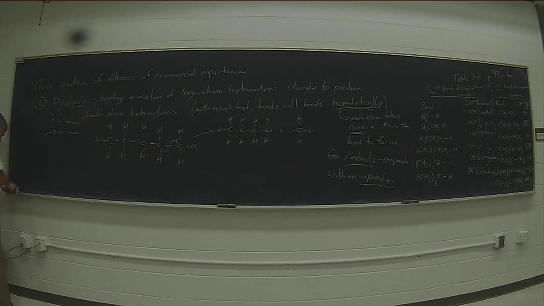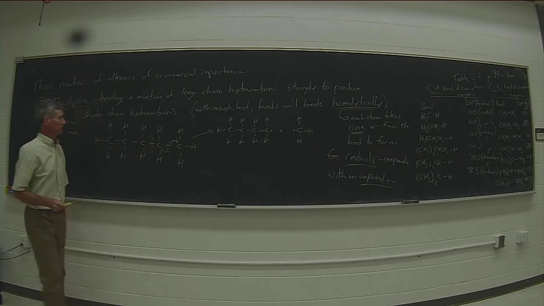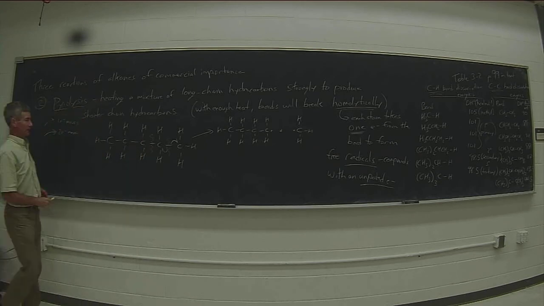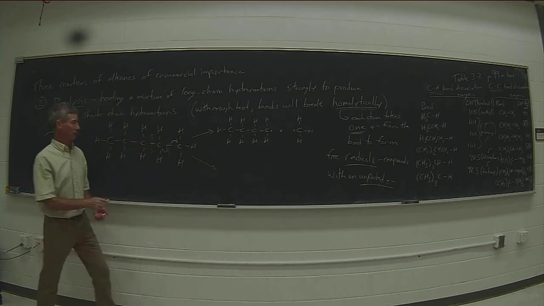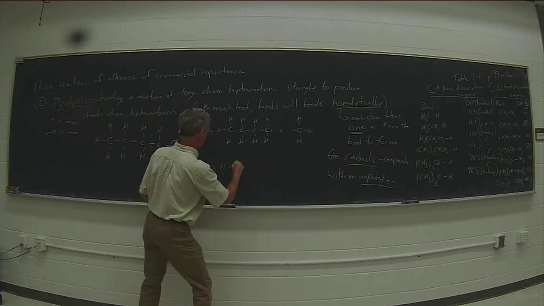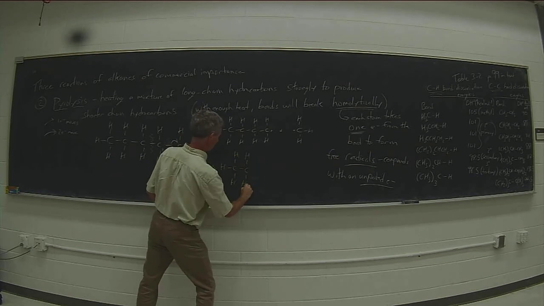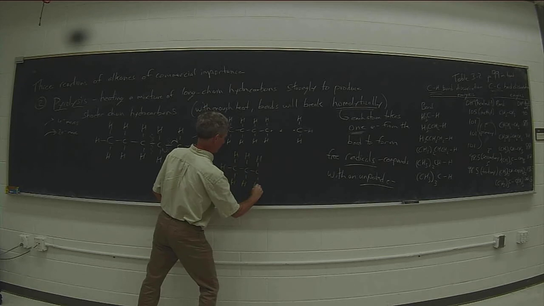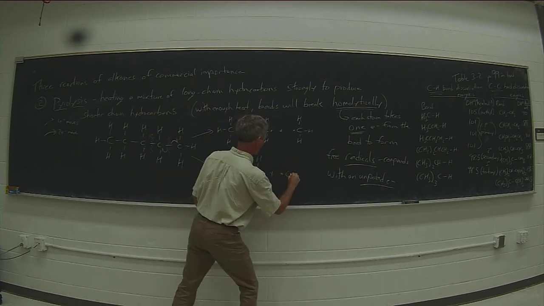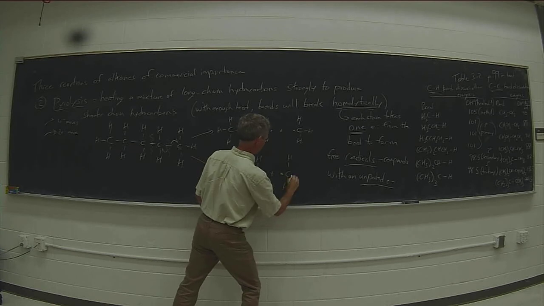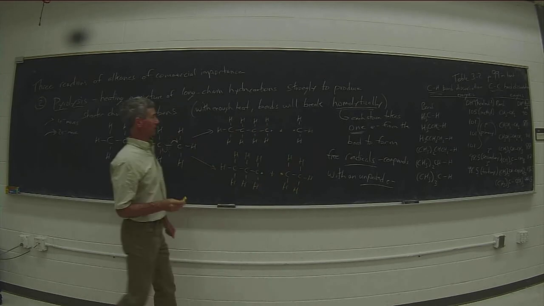Alternatively, we could break this carbon-carbon bond between the 2nd and 3rd carbon in the molecule, and if we did that, we would generate 2 different primary radicals, a propyl radical from one side, and a methyl radical from the other.